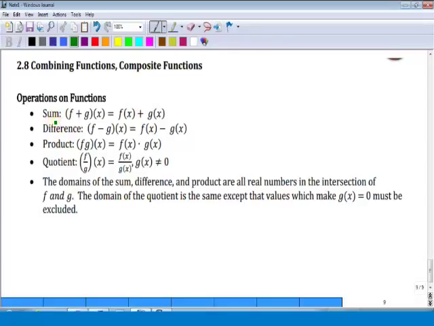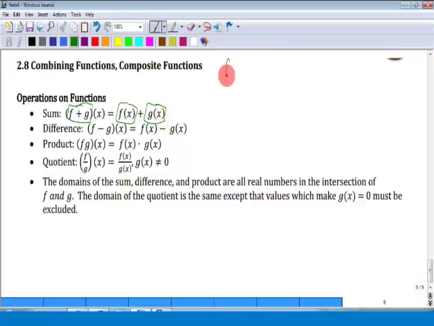And the definitions, hopefully, are kind of what you would expect. f plus g is the sum of the functions f and g. If we want to evaluate the function f plus g at a number, we evaluate f at that number, we evaluate g at that number, and we add those two function values together.